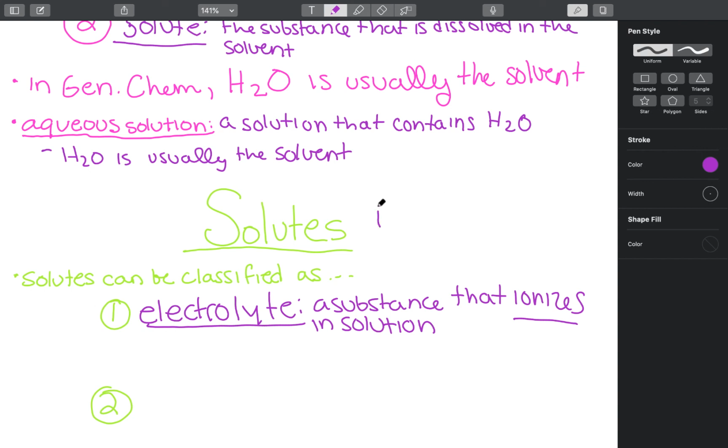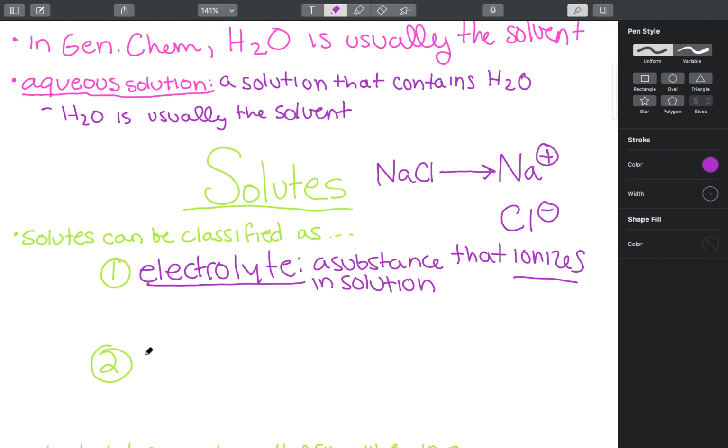For example, if you put sodium chloride in water, you would form two dissociated ions, a sodium ion and a chloride ion. So this is what it means to ionize in solution. And in fact, substances that ionize in solution are called electrolytes because when they are in solution, they can actually carry an electric current.